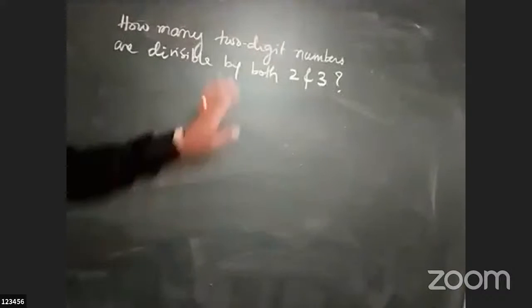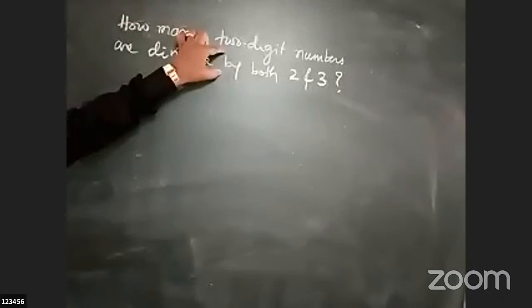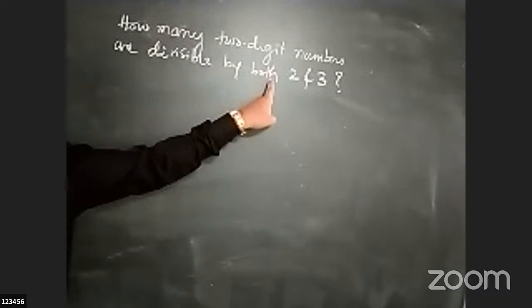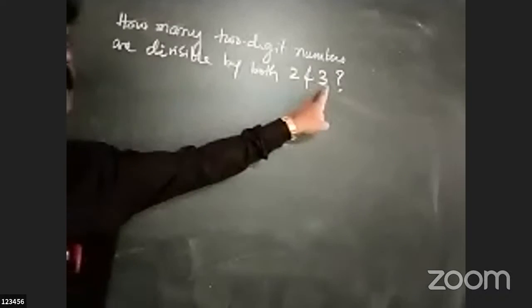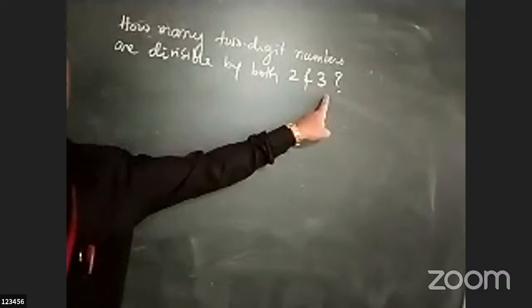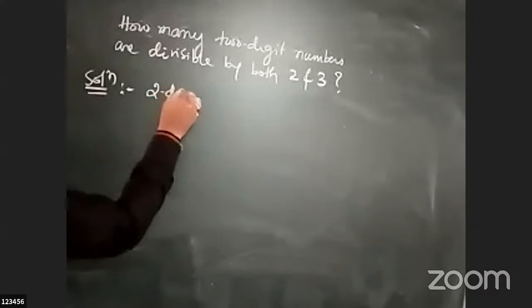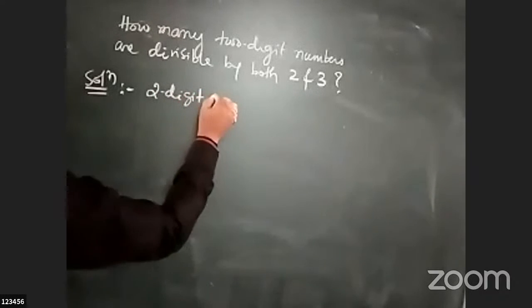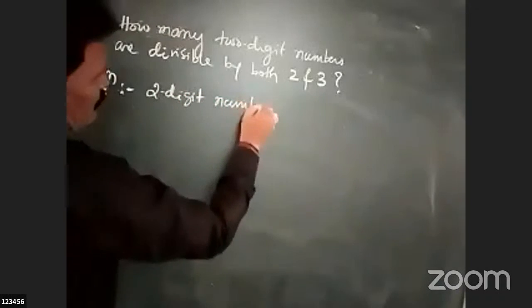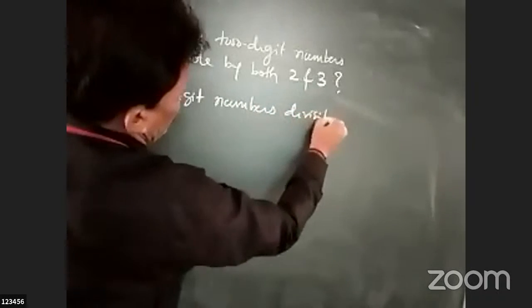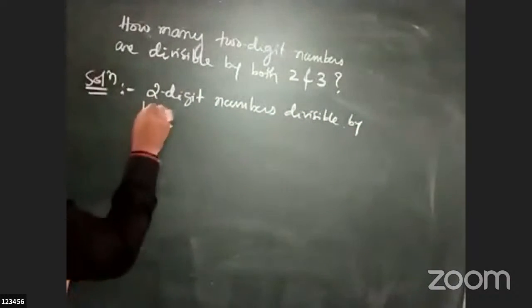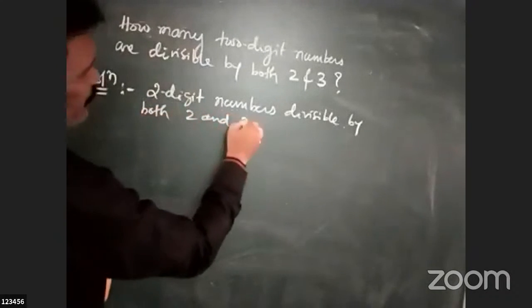Here, what you have to think is that the number should be divisible by 2, and the same number should be divisible by 3 also. That means two-digit numbers divisible by both 2 and 3.